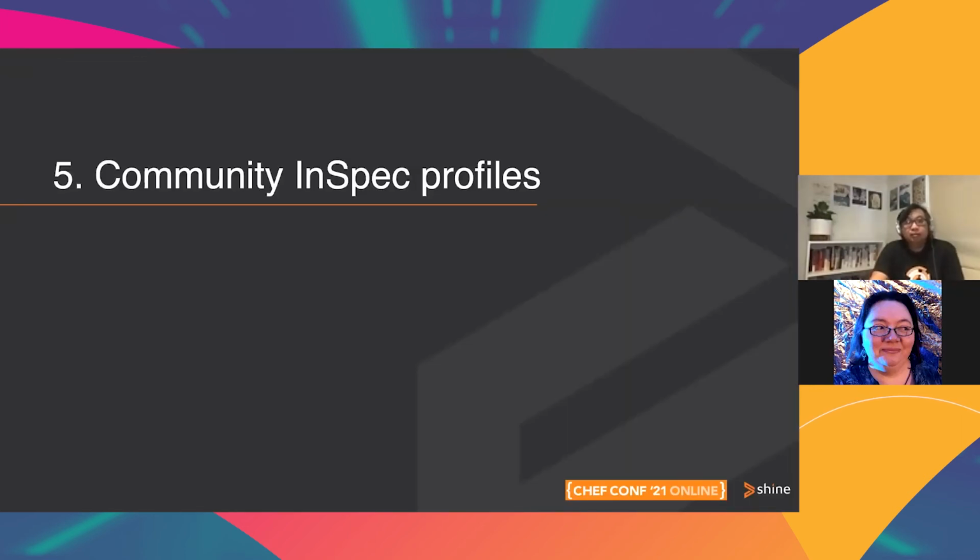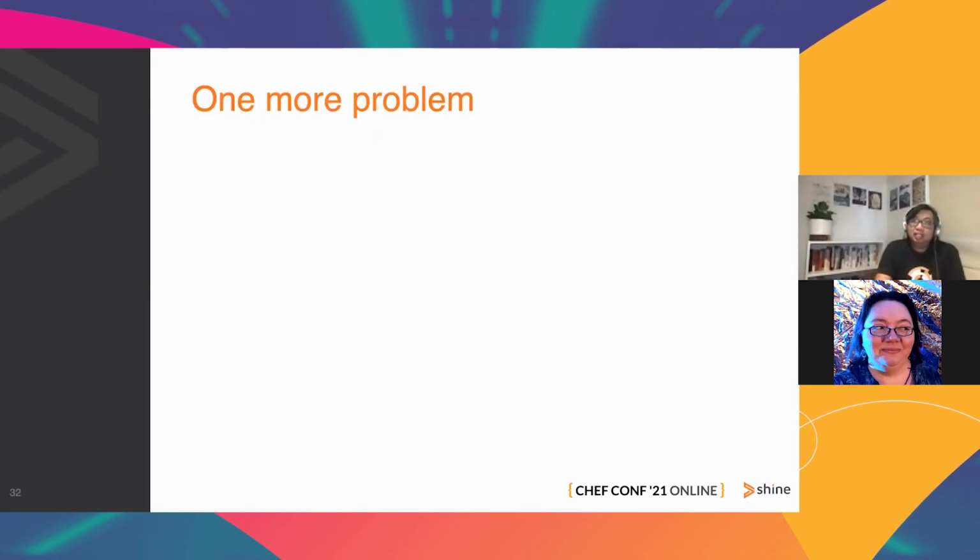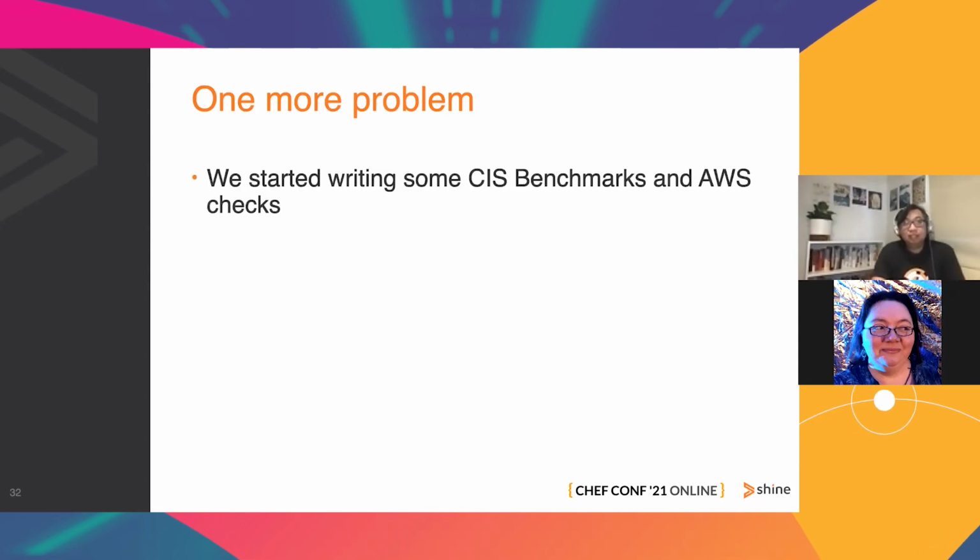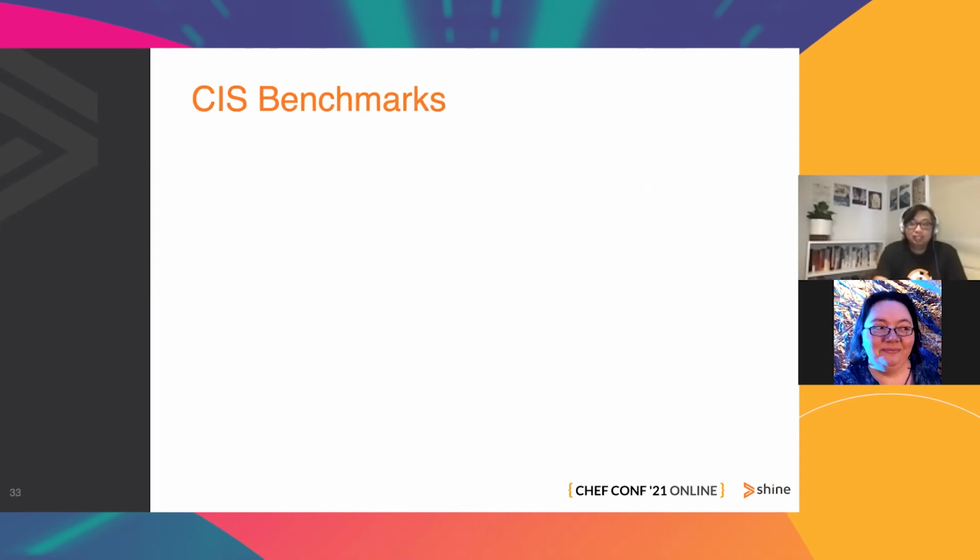Okay, so after open sourcing those three inspect profiles and starting to use Chef Supermarket, we started looking at the community inspect profiles. This is the attempt to solve the one last problem, which was we started writing some CIS benchmarks and AWS checks. Let's start a bit with what CIS benchmarks are.